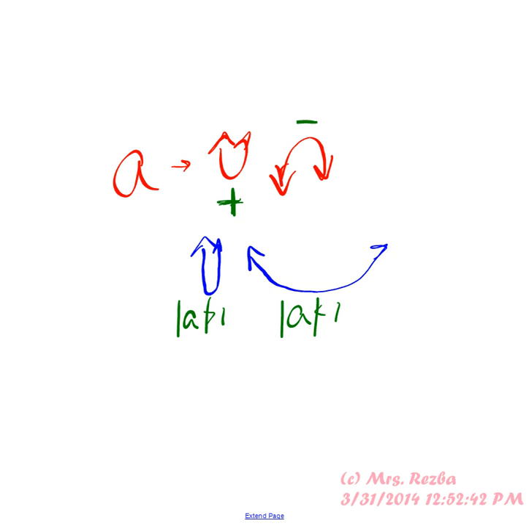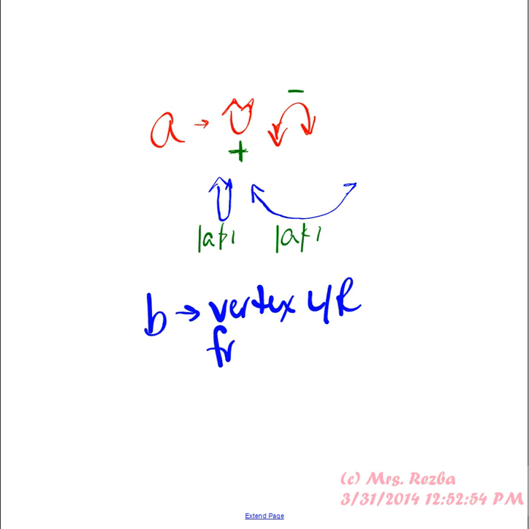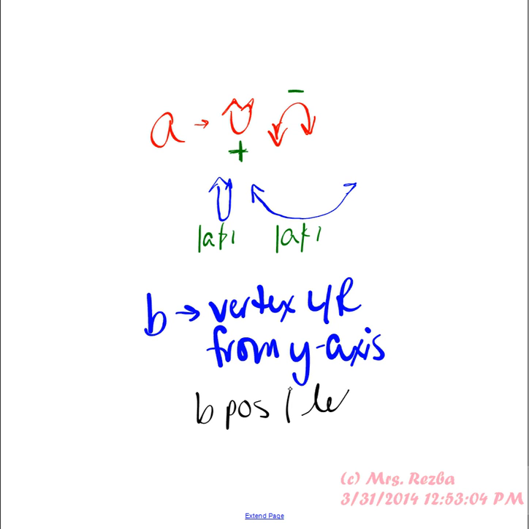Okay. Looking at B. B tells us if our vertex is left or right from the axis. If B is positive, we are left. If B is negative, we are right.